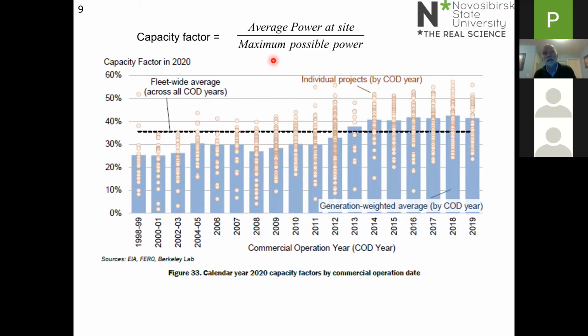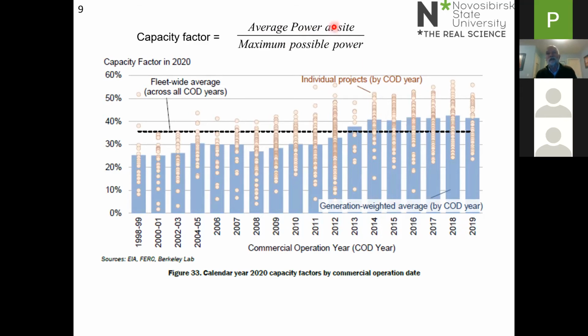The capacity factor is the average power that you get from a wind turbine or a photovoltaic system divided by the maximum possible power. Typically in the US, we're sitting at around 40% capacity factor. So if I have a 2 megawatt wind farm, on average, it's producing 800 kilowatts of power.